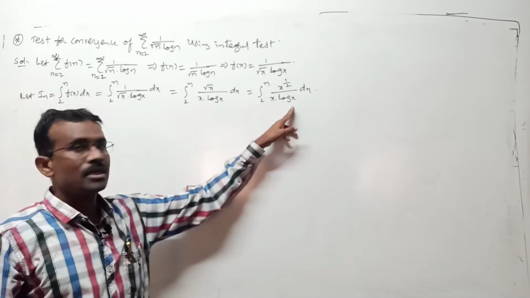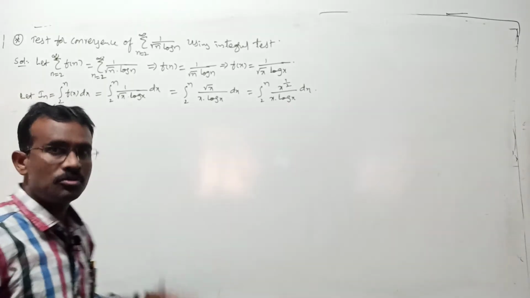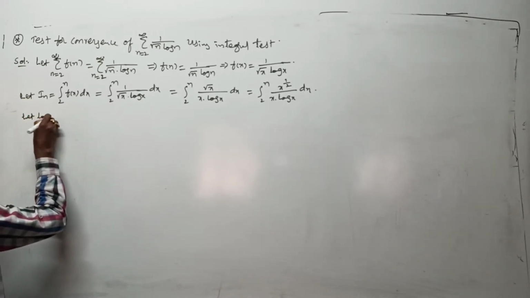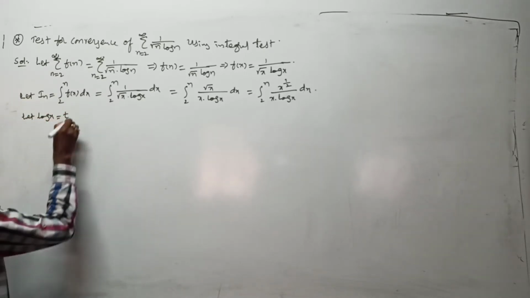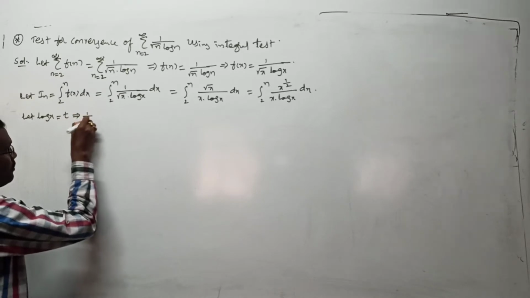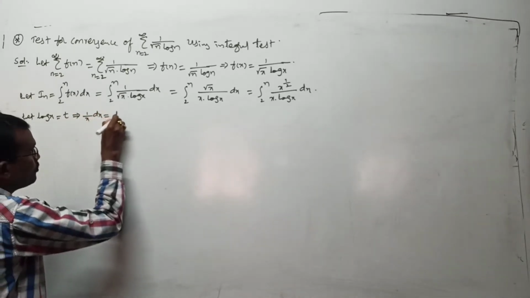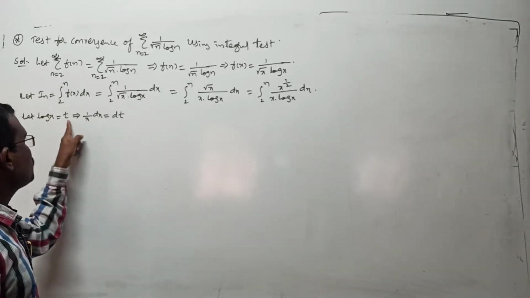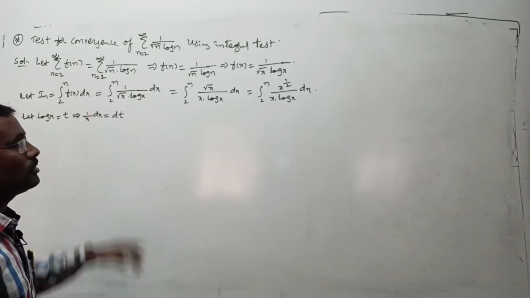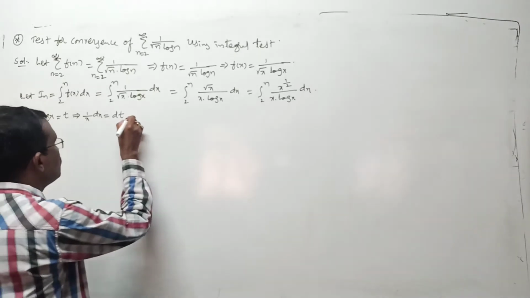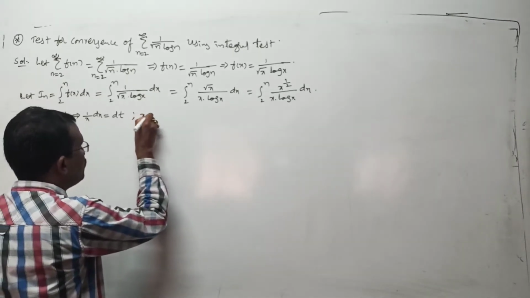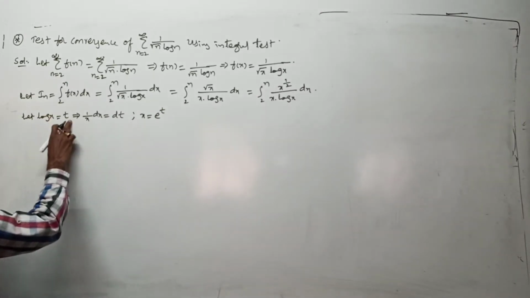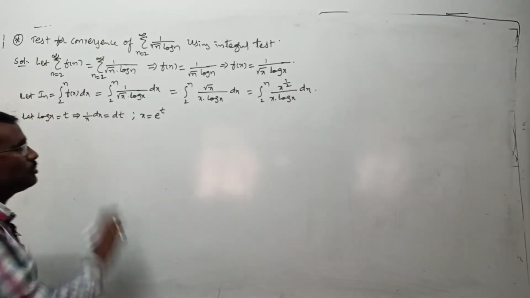Now use substitution in the integral. Let log x equal to t. This implies 1 by x dx becomes dt, and x is equal to e power t. Whenever log x to the base e is t, then x should be e power t.